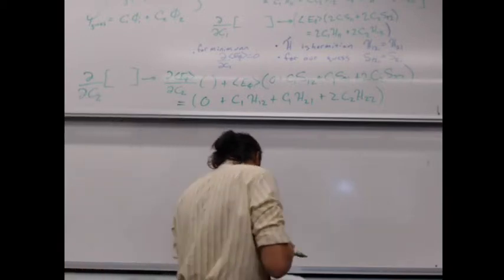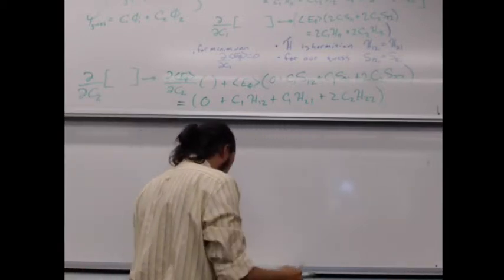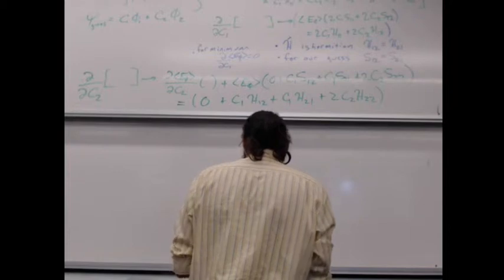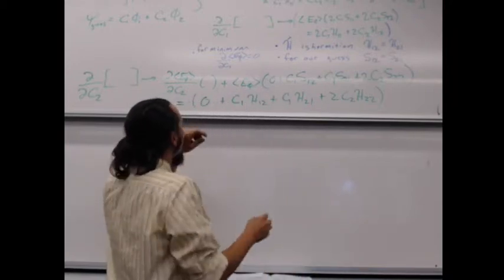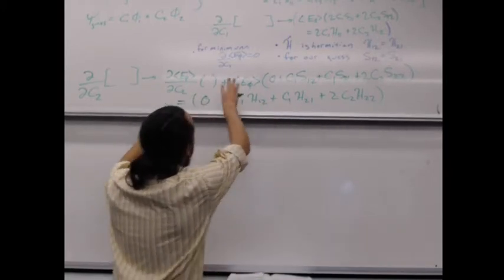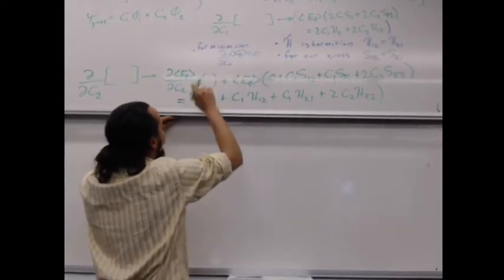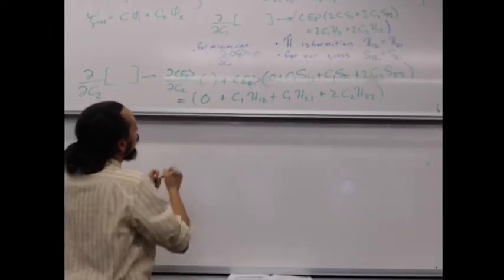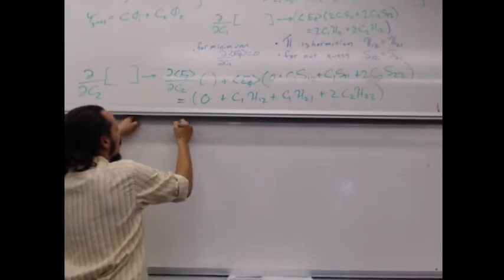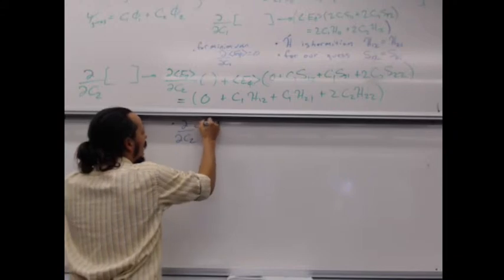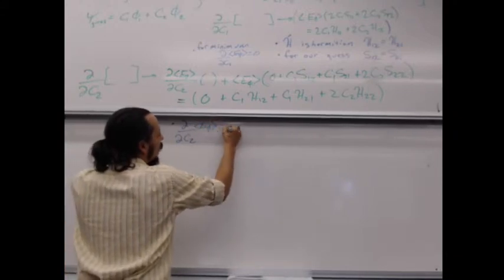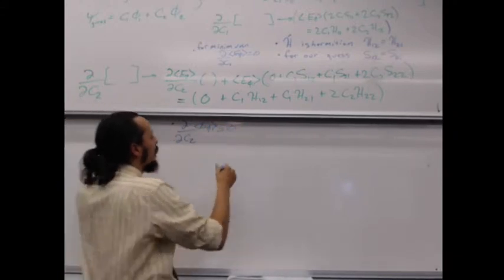Or we can look at this and say, actually, when we start to simplify this, when we start to rearrange this, we can recognize the fact that I've got an equation. I can do a little bit more simplification using my same principles. I can say that the derivative with respect to C2 of the energy of phi is going to be equal to 0. Same thing we used before.